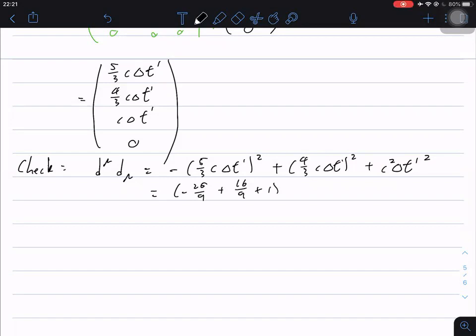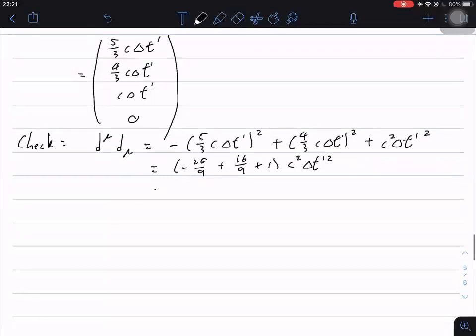After some calculation, you will find that it's still 0. Of course, because we are performing the Lorentz transformation. The space-time interval is an invariant under Lorentz transformation. So they are both light-like, or null world lines, for both frames.